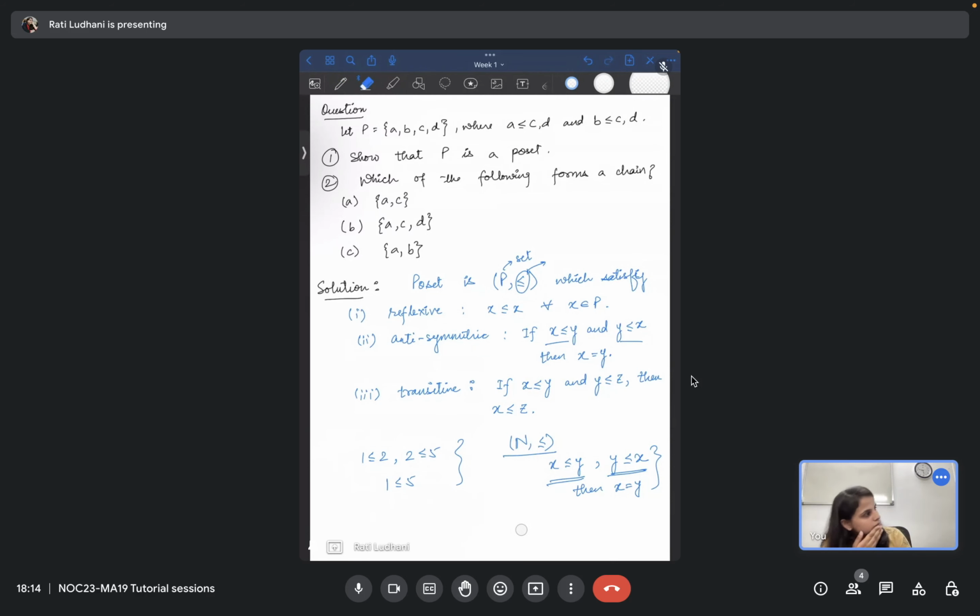So for example, a relation for which antisymmetry is not satisfied. I'm just thinking of that example. Let's take the set N with some relation.